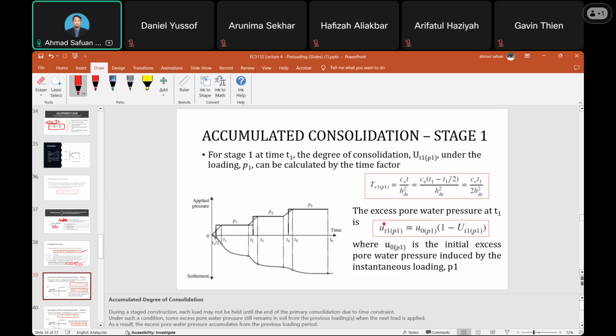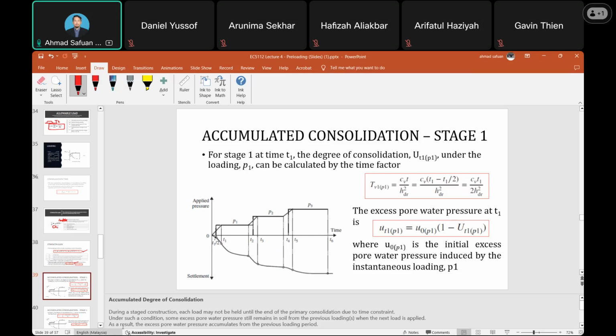So the excess pore water pressure at stage 1 is the initial excess pore water pressure times 1 minus the time factor at stage number 1, or degree of consolidation at stage number 1. So it means that the excess pore water pressure has been reduced, which depends on the degree of consolidation. Where you note P1 is the initial excess pore water pressure induced by the instantaneous loading P1.